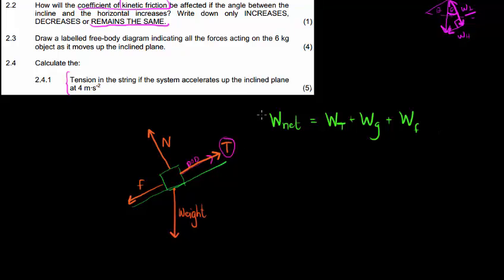Now I can choose on this side, what do I want to replace? Am I going to do change in kinetic energy, in other words, a half mass times final velocity squared minus initial velocity squared? That's one option. The other option is taking the net force times the displacement.